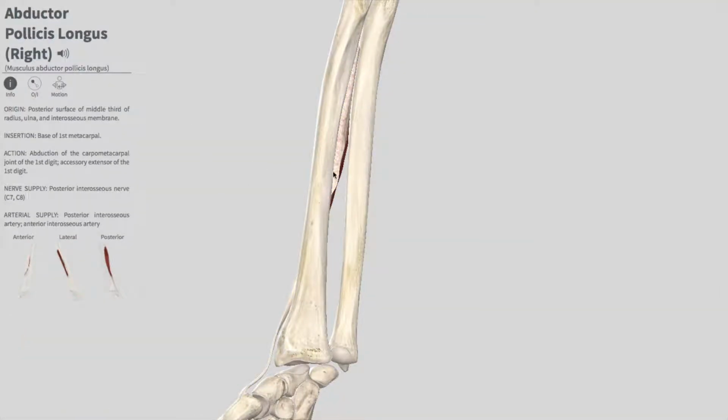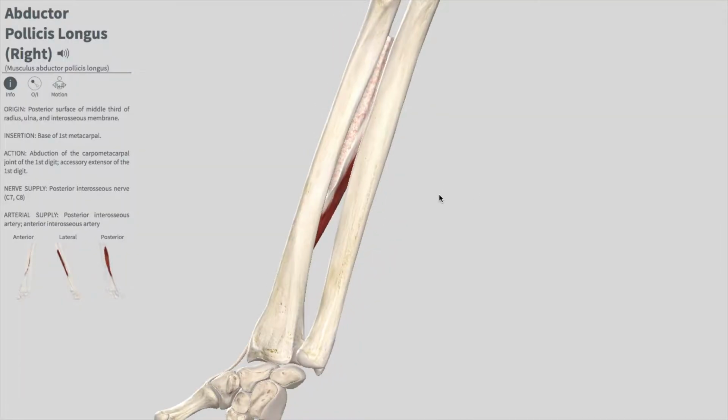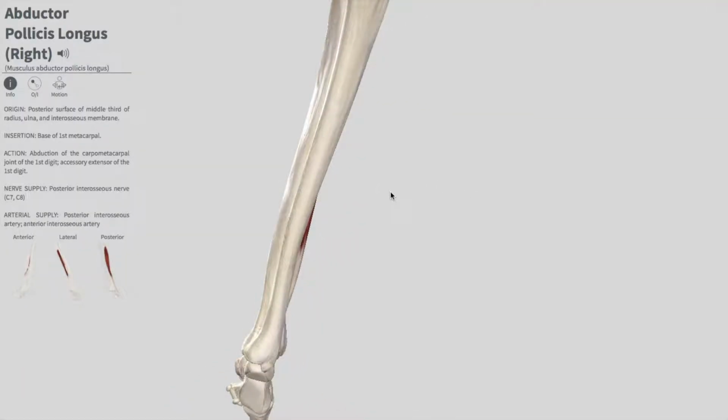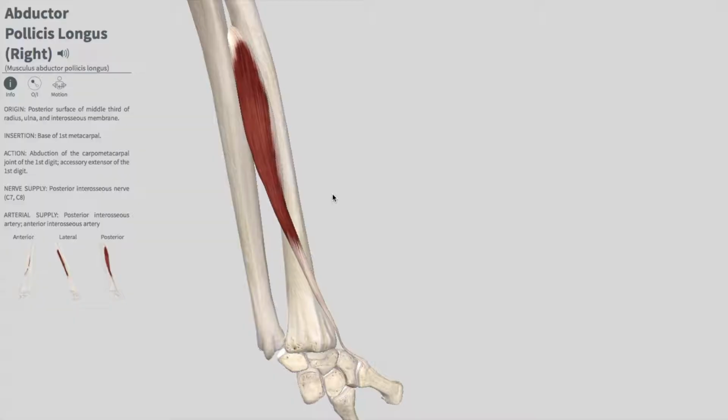Here it is. The abductor pollicis longus originates from the posterior surface of the ulna and radius, and also originates from the membrana interossea, and it inserts at the first metacarpal bone. Remember, pollicis means thumb.